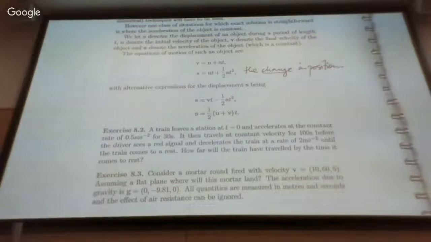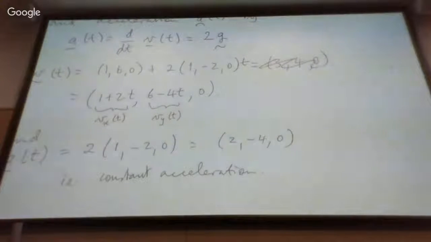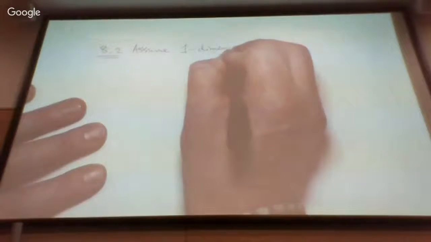So we can deal with this kind of question, 8.2. Now we're talking about a train moving along a track, so this is a simpler one-dimensional motion, not really using the full vector description.